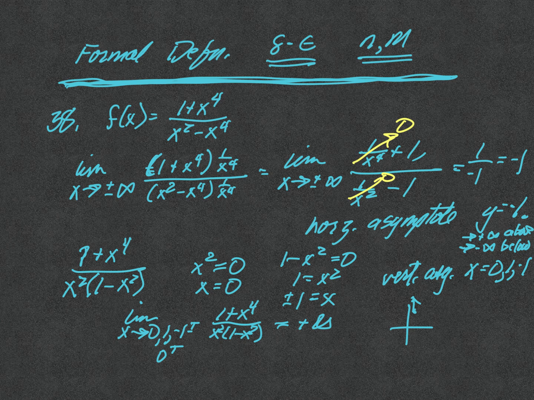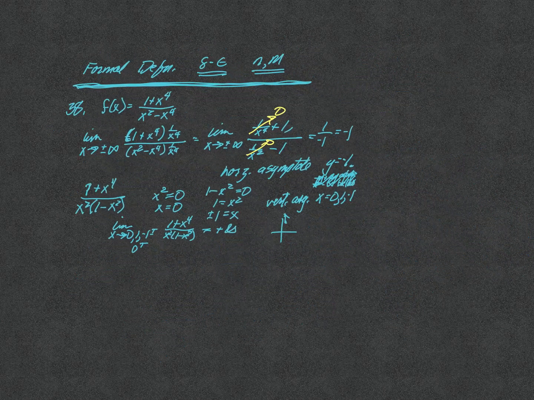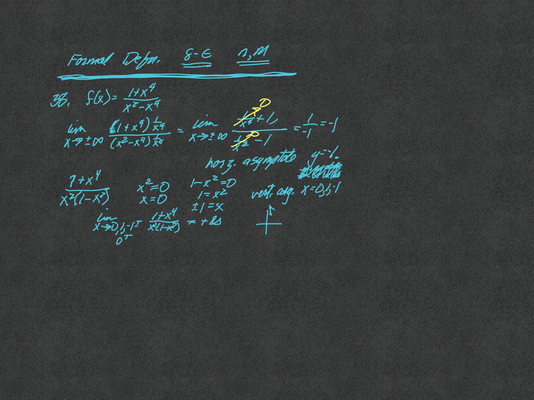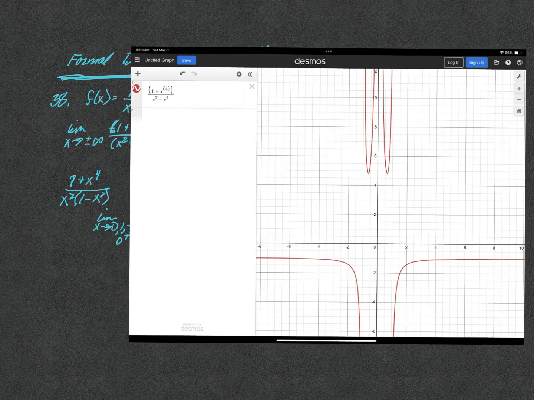And so the idea in this lesson is you just want to find the asymptotes, okay? Not actually graph it. And then what you do is you graph it to check if you're correct. And so here's the graph. I've graphed it. And for the vertical asymptotes, we can see that we have a vertical asymptote here at x equals negative 1, and then here's the one at positive 1, and then here's the one at 0.